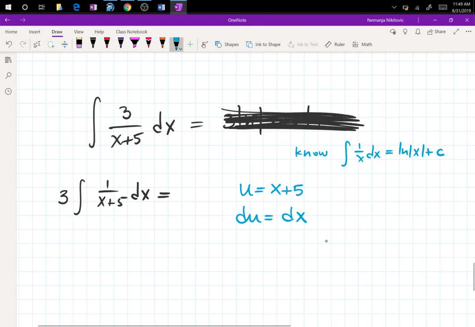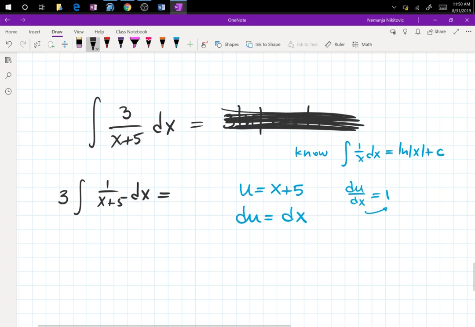If you don't remember it, here it goes. du/dx is equal to 1, and then you move dx to the other side. That's the way you obtain du equals dx. Because your substitution has to change the function, but it also has to change dx. Because we are changing the domain from x to u, dx has to change as well. Remember, I told you dx is not there for decoration. It has to be changed also.